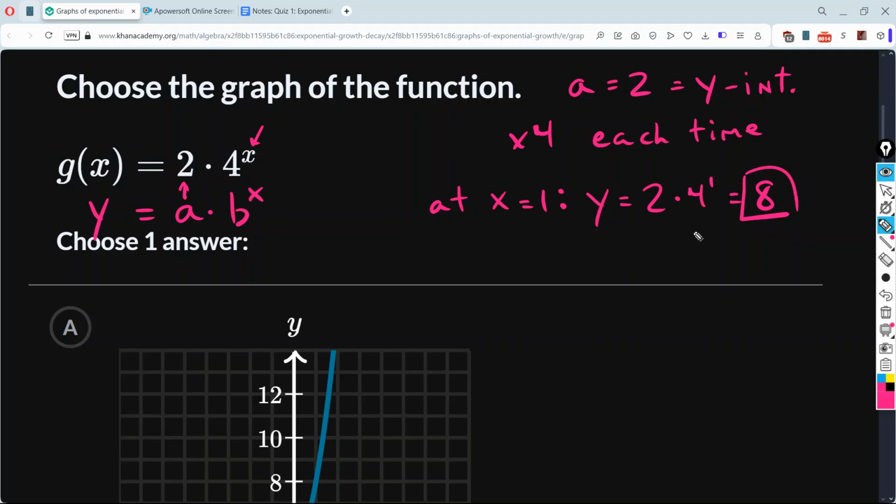So at x equals 1, you get 8, and at x equals 0, that's your y-intercept, y equals 2. You really don't even need to know it's a y-intercept. Just plug in 0 and you'll get y equals 2, and plug in 1 and you'll get y equals 8. If you put a 0 here, it would be 4 to the 0, which is 1, and 2 times 1 is just 2. So it starts at 2 and it goes to 8.